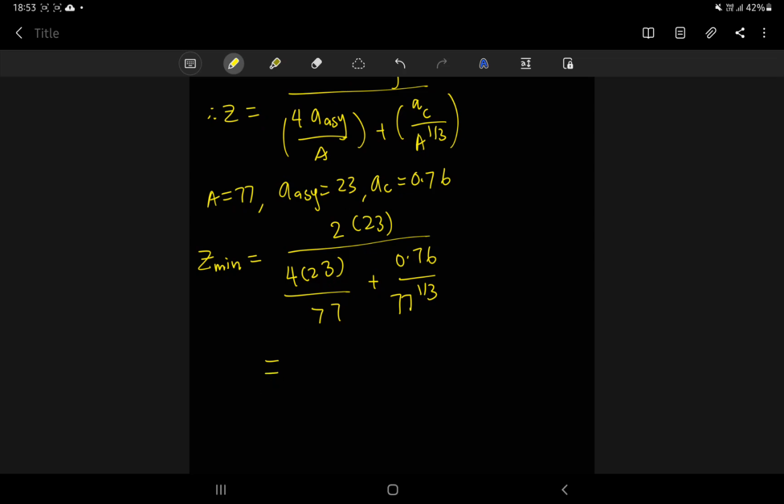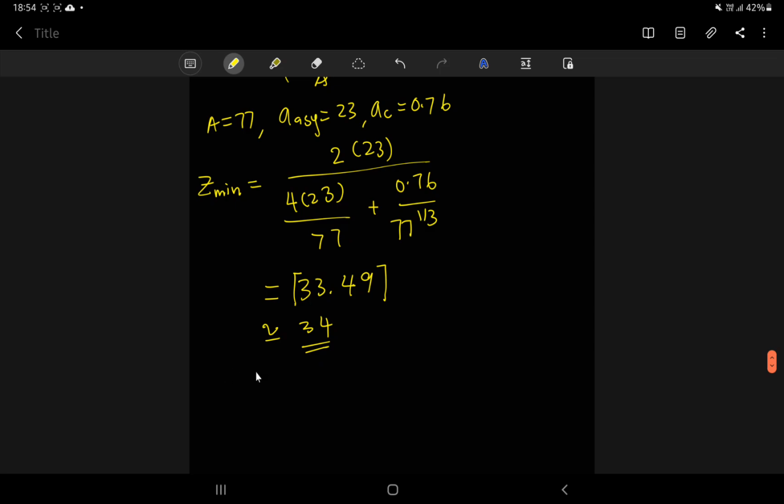Let's plug the values into my calculator. I got 33.49. We need to take the ceiling of the value, which is 34.